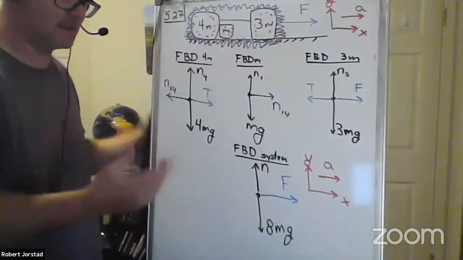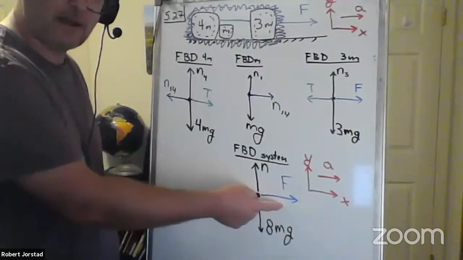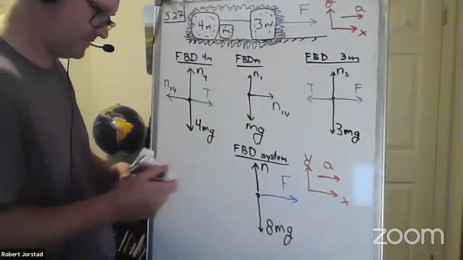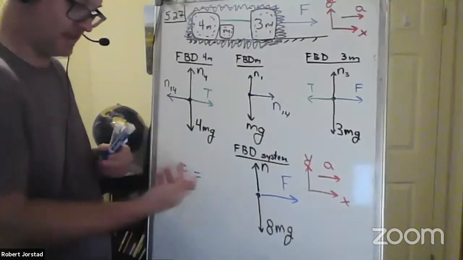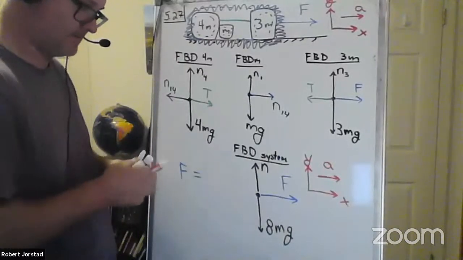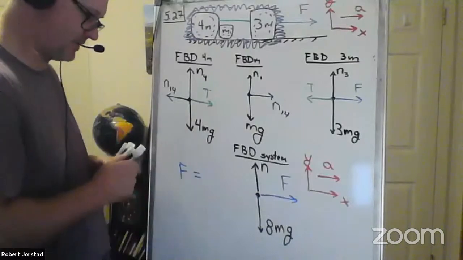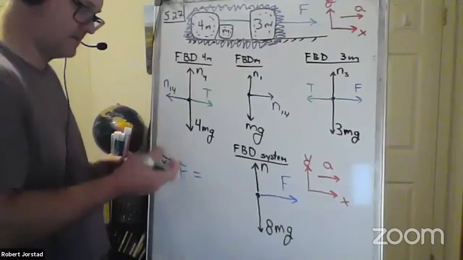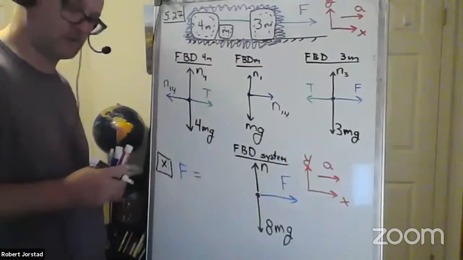And we see that the key thing that you can get out of this is, notice immediately, if I write the force equations in the x direction for the system, F equals, well, that's the only force. What should I write here? The force is in the x direction. This comes from the arrows. Got it. What goes on the other side in a force equation?